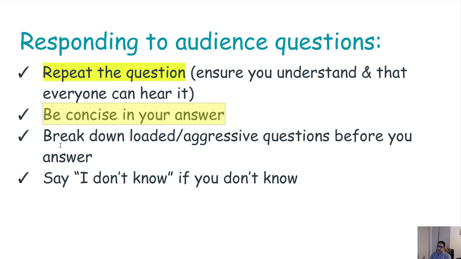And often it can happen that you might get an aggressive question. It is generally a good idea to think about those questions before you directly try to answer.